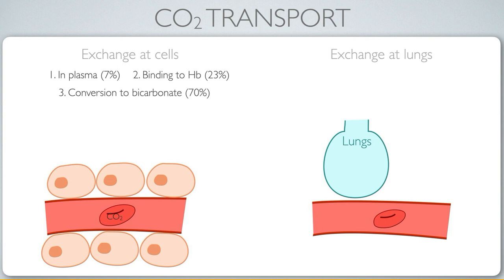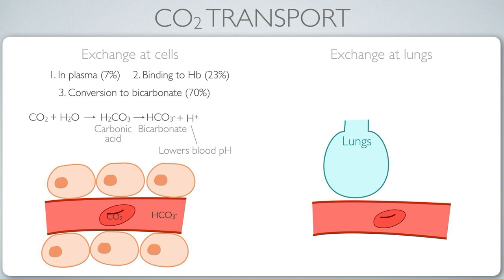Now, carbon dioxide in water in solution produces carbonic acid. So if you have a higher and higher concentration of CO2, then you just produce more and more carbonic acid. That in turn is converted into bicarbonate and a proton. And it's that proton that lowers blood pH.